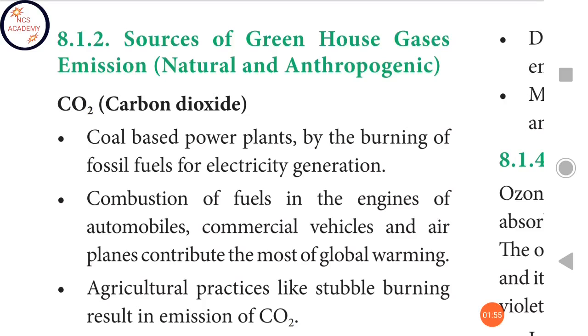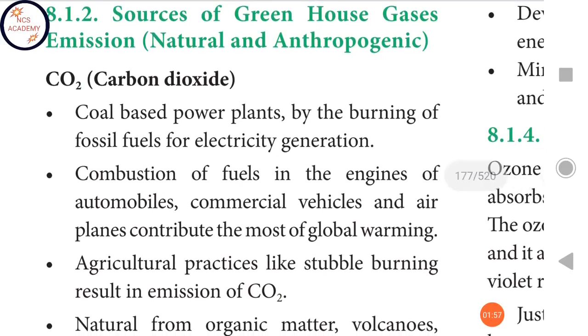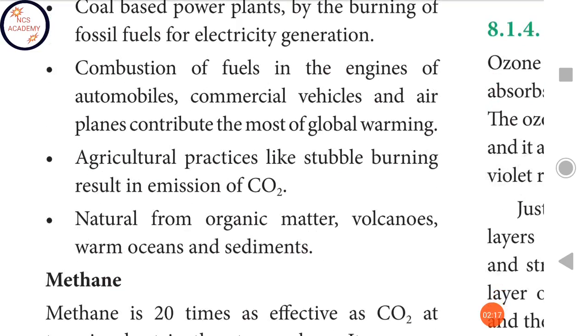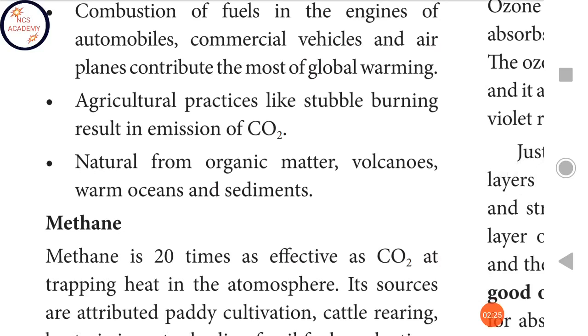Coal-based power plants burning fossil fuels for electricity generation from thermal power stations, and combustion of fuels in the engines of automobiles, commercial vehicles and airplanes contribute most to global warming. Agricultural practices like stubble burning result in emission of carbon dioxide. Natural sources include organic matter, volcanoes, and warm oceans and sediment.